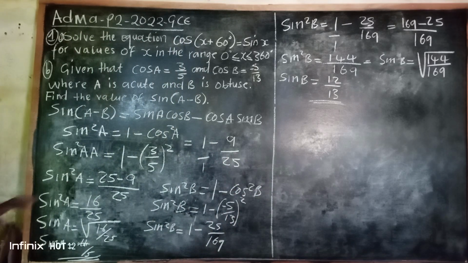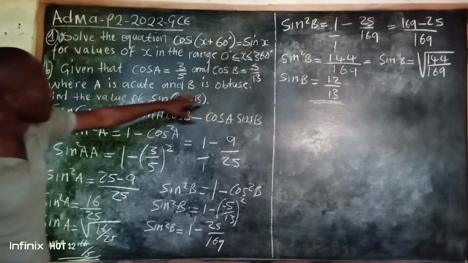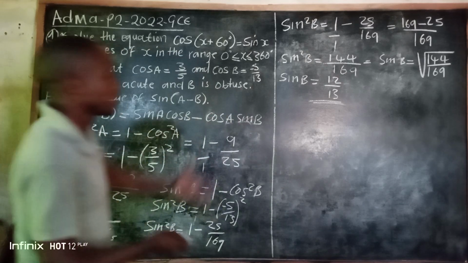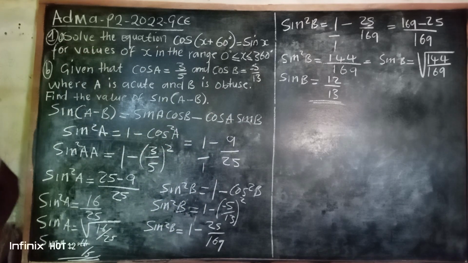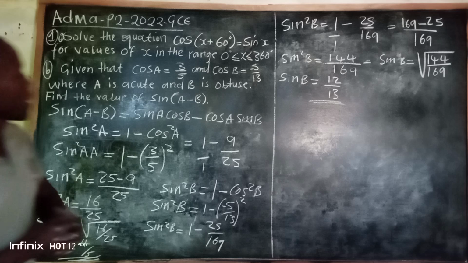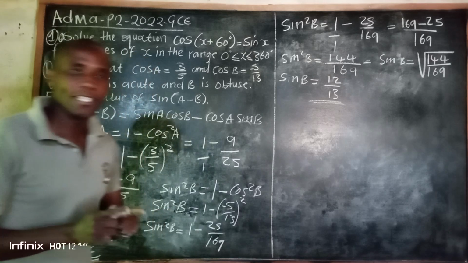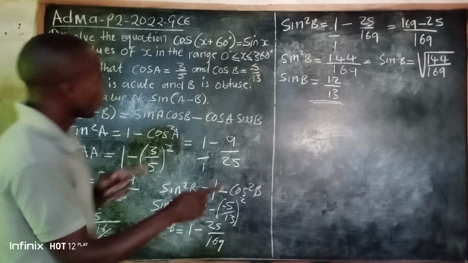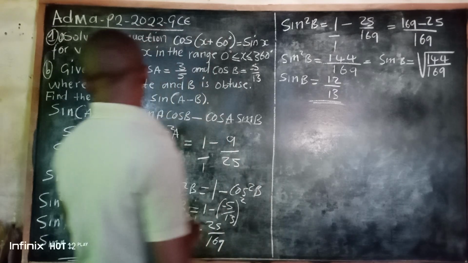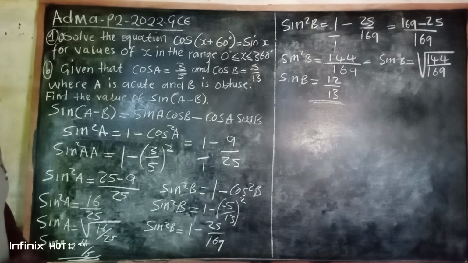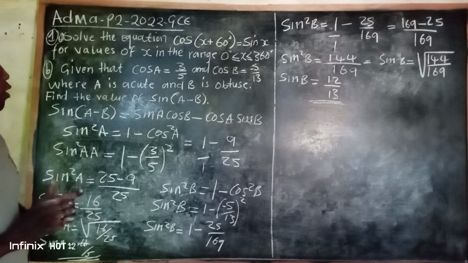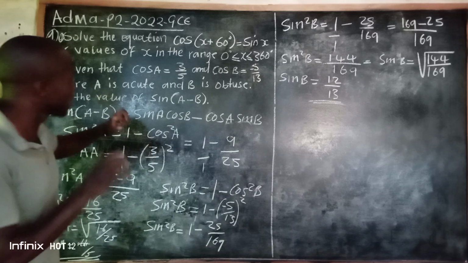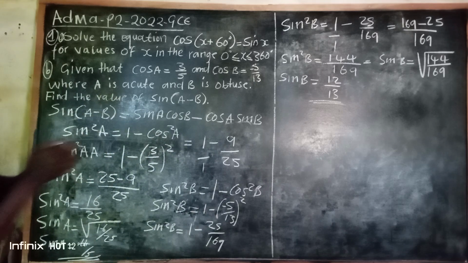Okay? Then we also have another term which says obtuse. What is an obtuse angle? Obtuse angle is the angle that ranges from 91 to 179 or to 180. So when we say acute angle, it means that particular angle is in the first quadrant.